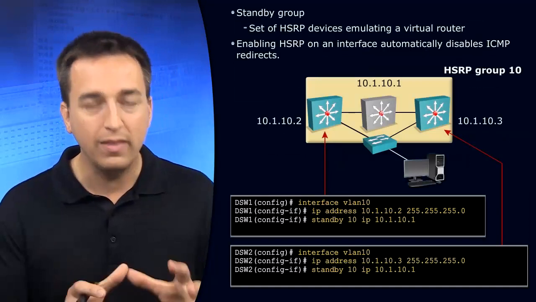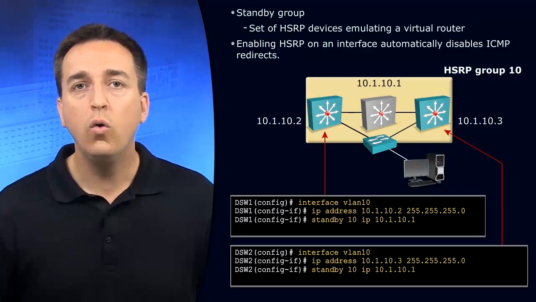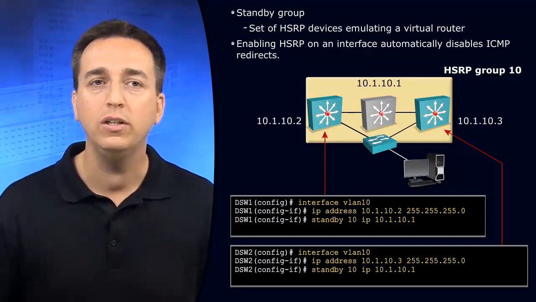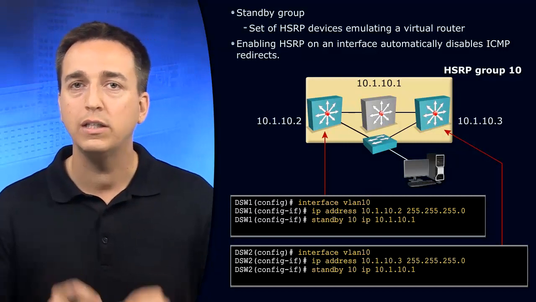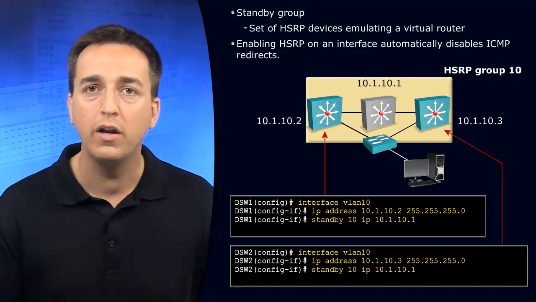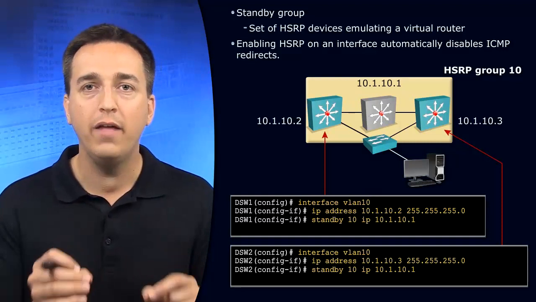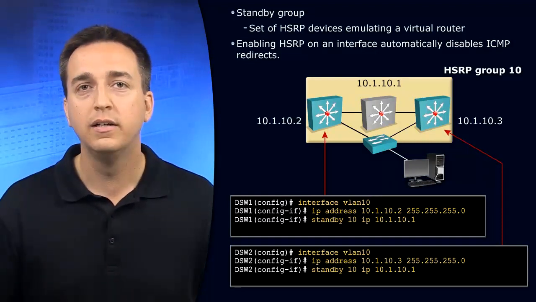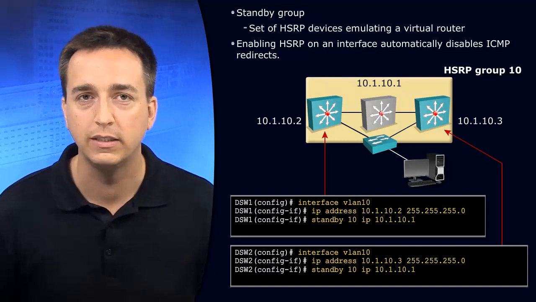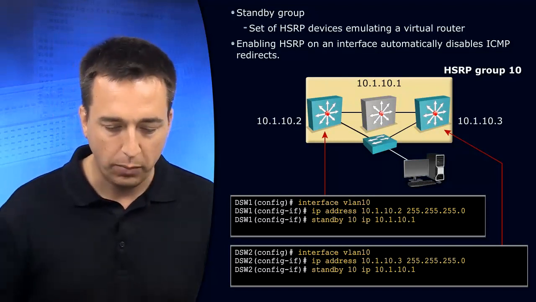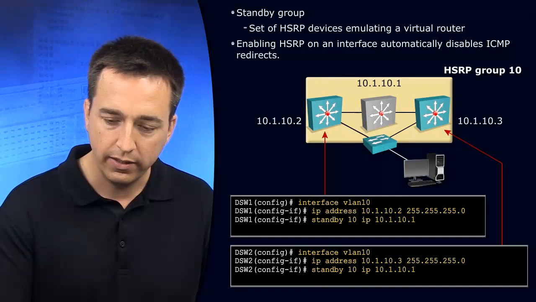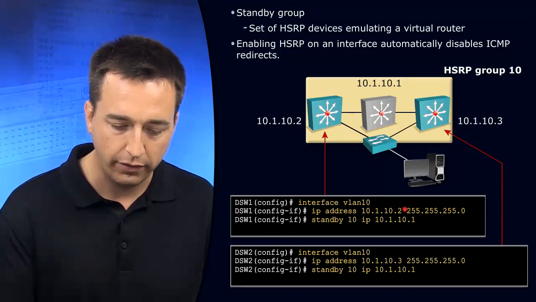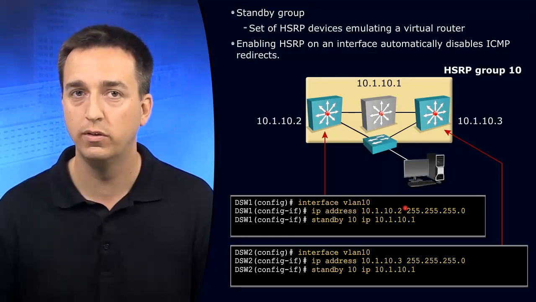When we examine this configuration here, which of these multi-layer switches, DSW1 or DSW2, based on priority, then the higher IP address becomes the active forwarder in this case. Well, when I examine this topology, I see that DSW1 has an IP address on their interface of 10.1.10.2.